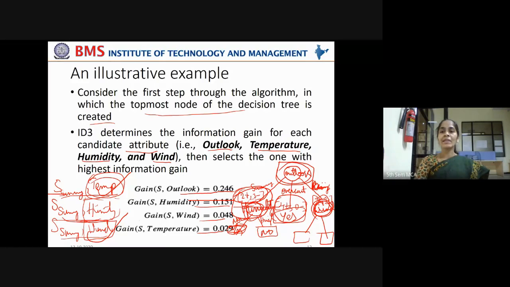That is the split point. Here outlook is called the split point, here humidity is the split point, here wind is the split point. So it finds that split point based on the information gain of the attributes, right?